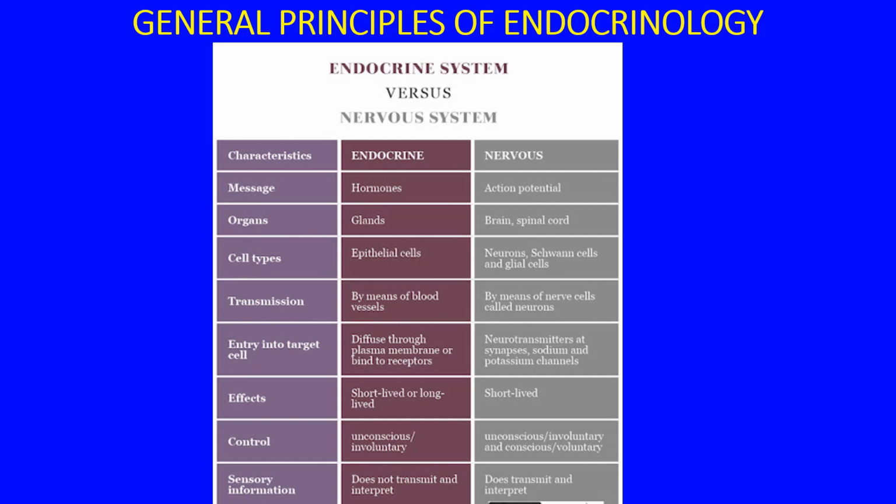Now, sensory information. Well, the nervous system does transmit and interpret sensory information. Not so with the endocrine system. Okay? So there's some big differences. If you want to sum it up, here's the big key. The nervous system is going to be very quick on action potentials. You will have effects on various cells, but it will pass over a short period of time.